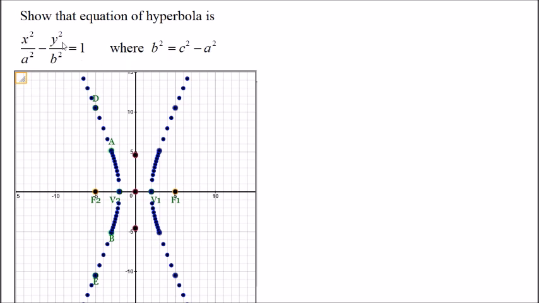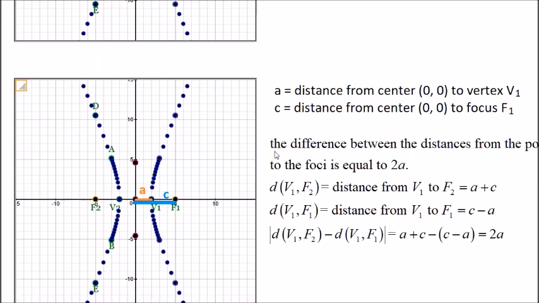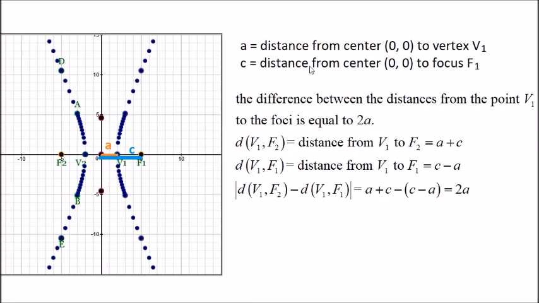And so we will show that the equation is x squared over a squared minus y squared over b squared equal to 1. So once again, A is the distance from the center to V1. C is the distance from the center to F1.